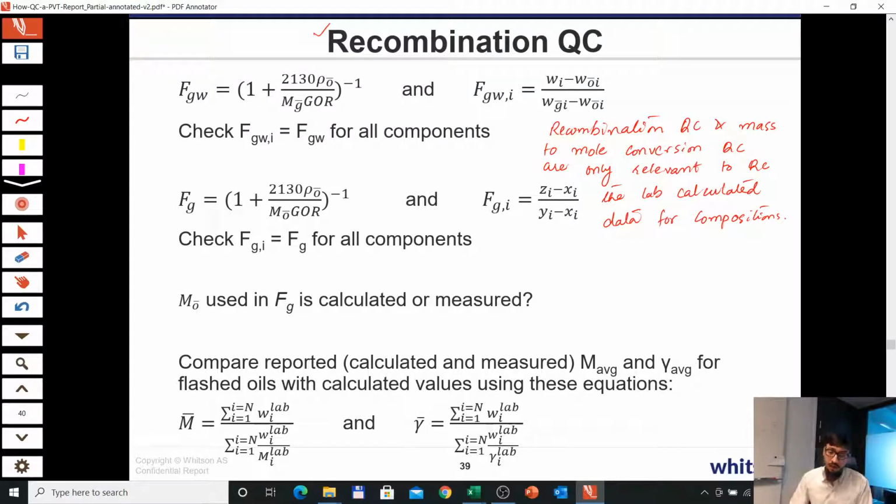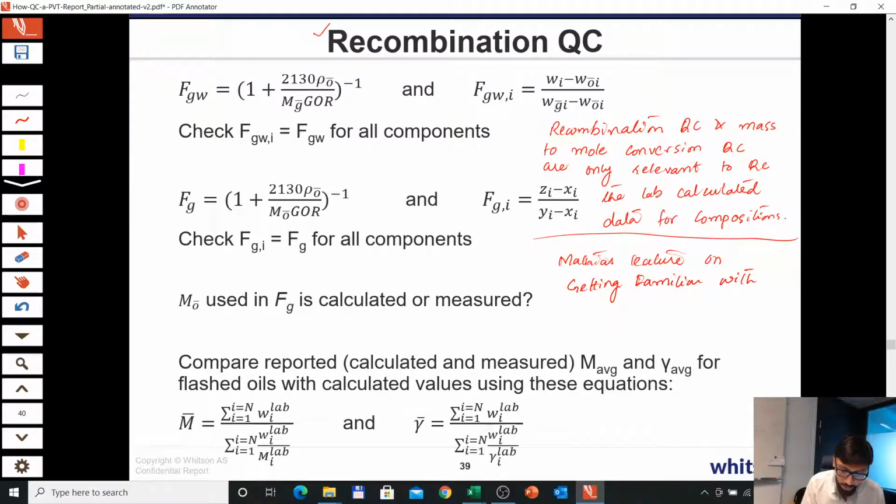And Matthias went through this topic in detail in his lecture on getting familiar with lab compositions, right?